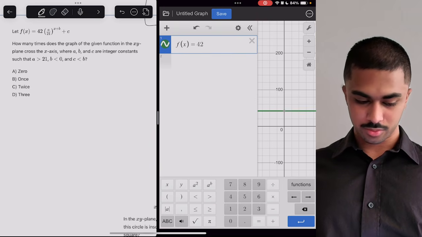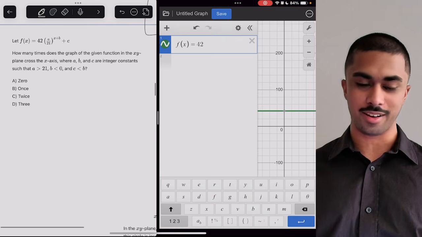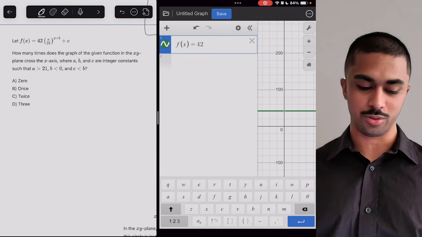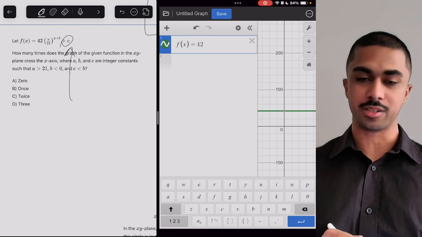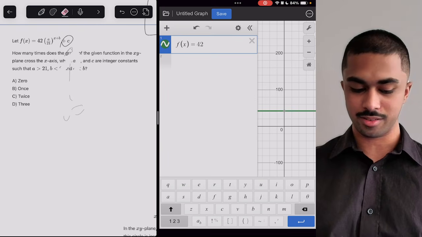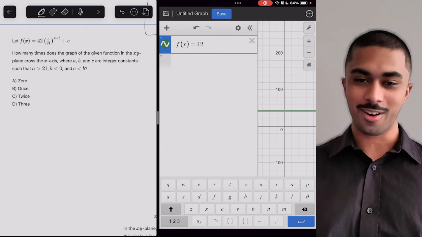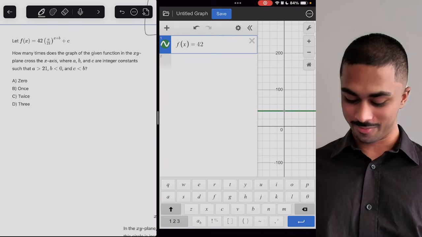Equals 42. And yes, there is a faster solution by hand, but it's very conceptual. You have to understand that for an exponential function, this is basically the limit as x approaches negative infinity. Right now, we can just do this on Desmos, just make it real simple.